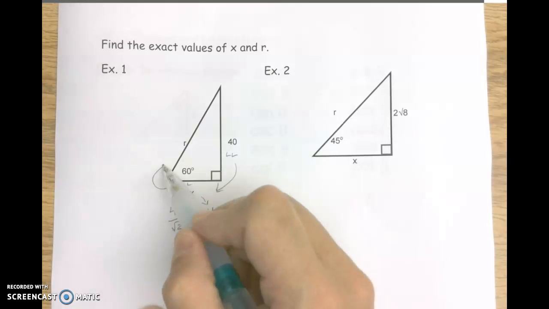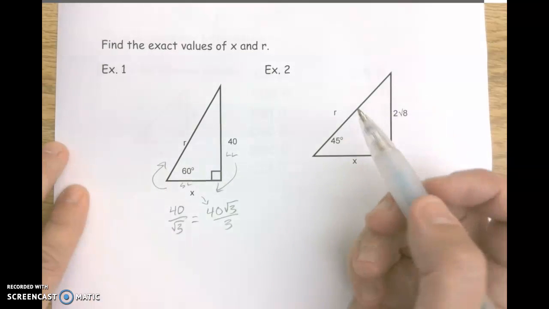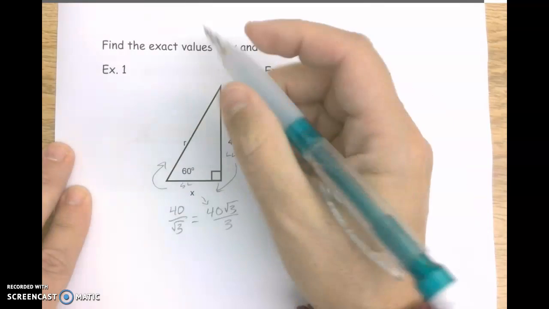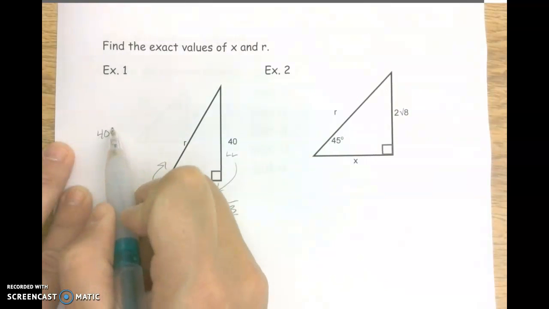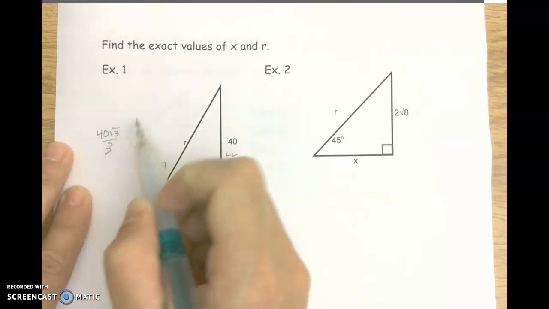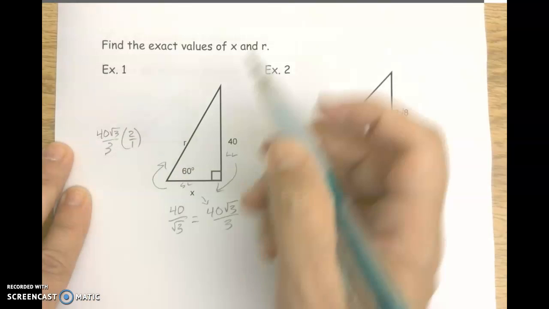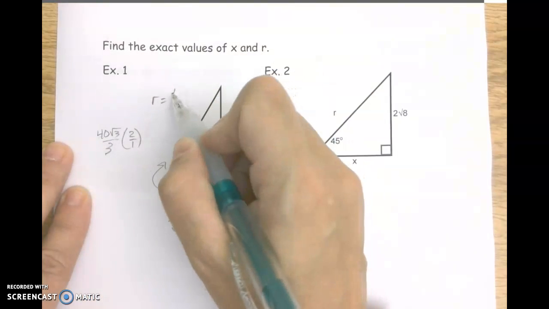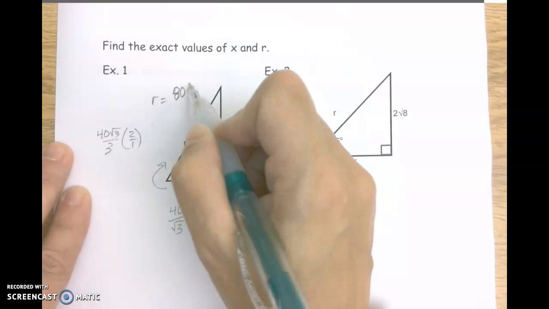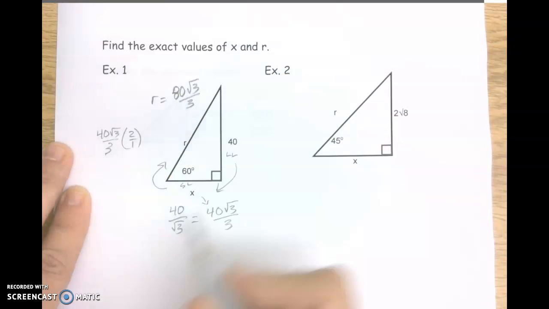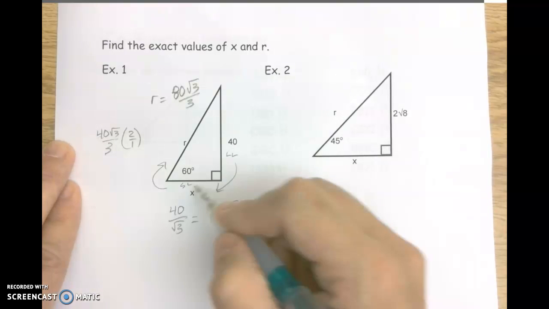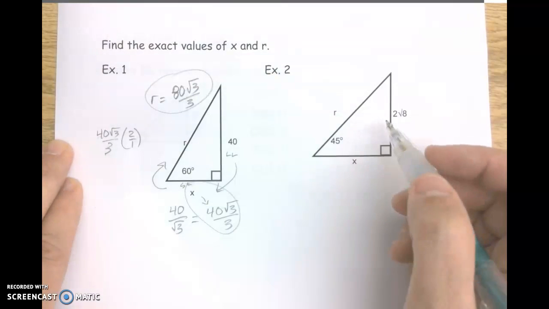Then going from the short leg to the long leg, I'm going to multiply the short leg times 2. So 40 square roots of 3 over 3 times 2 over 1 gives me r to equal 80 square roots of 3 over 3. So here's x and here's r.